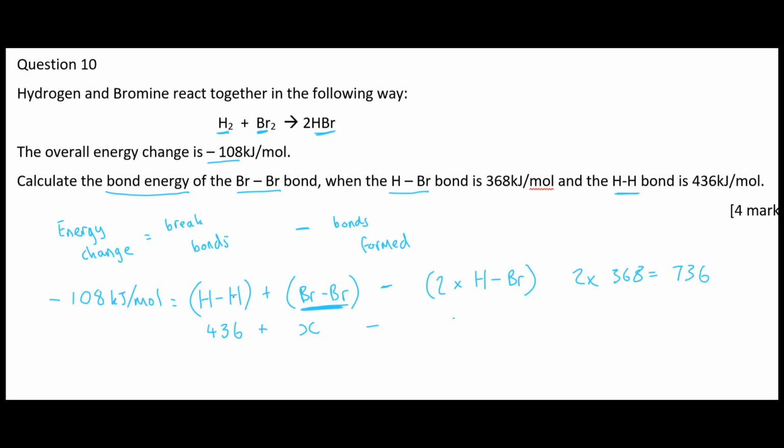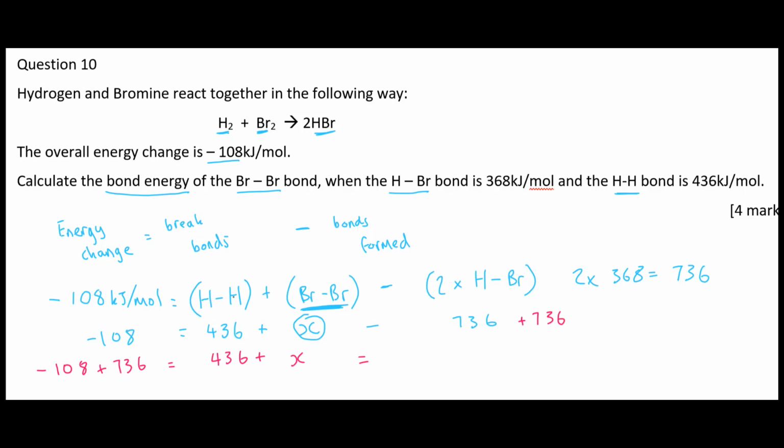So this just becomes minus 736. And we've got to do a bit of algebra to find out the value of X. So the first bit of algebra to do would be to get rid of this minus 736. And to get rid of this minus 736, we can plus 736 on this side, which means we have to plus 736 on this side.